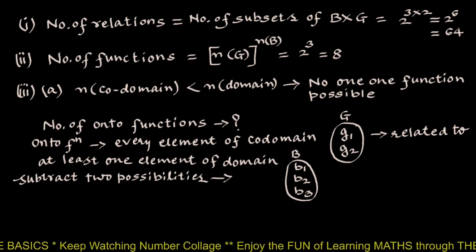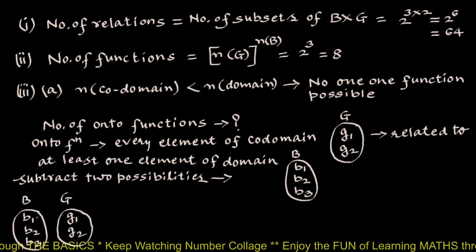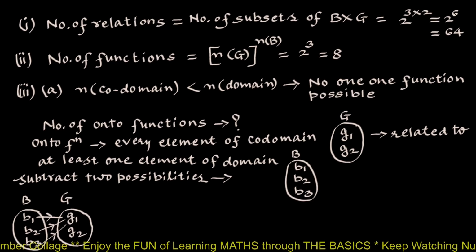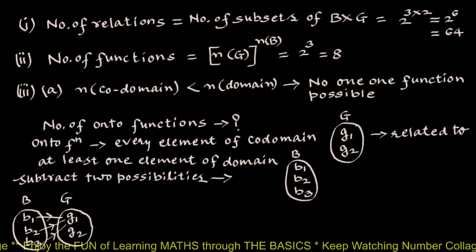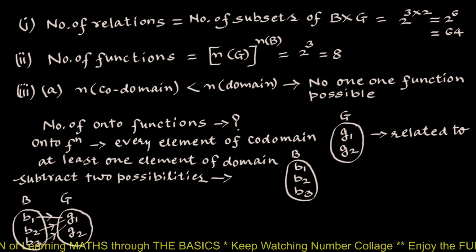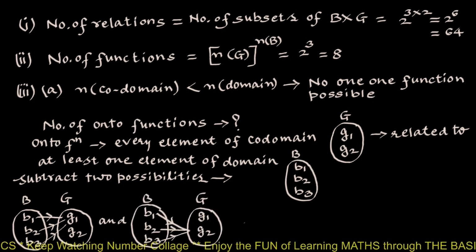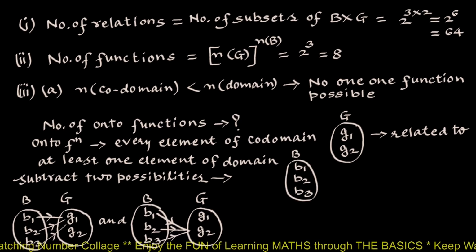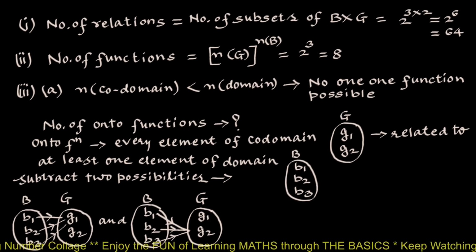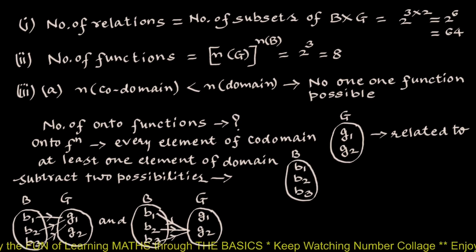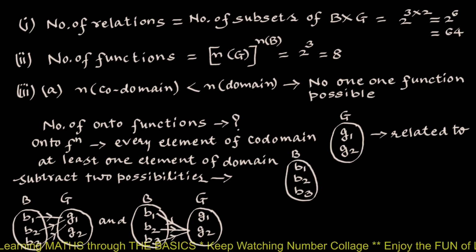These possibilities are: every boy is related to girl G1, that is, girl G1 has pre-image B1, B2, B3 in the domain set. Also, every boy of the domain is related to girl G2 of the codomain G, that means girl G2 has pre-image B1, B2, B3 in the domain set.